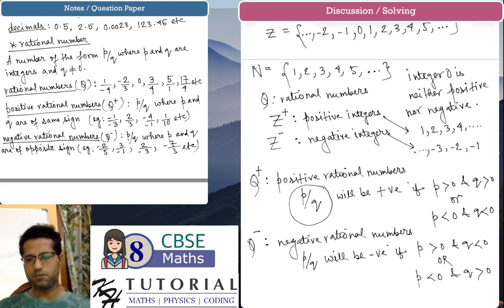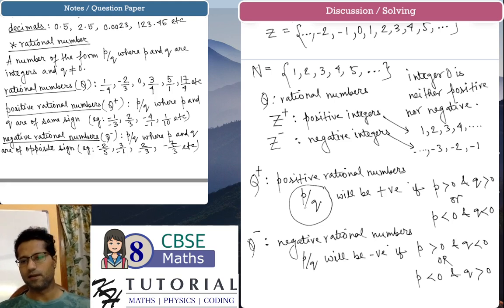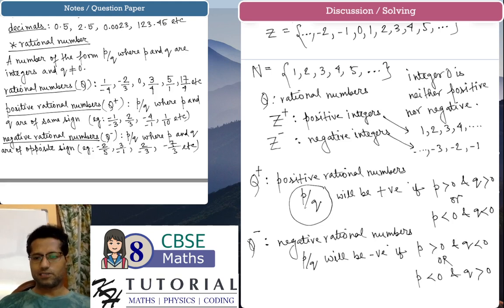P greater than 0 means P is a positive integer. Q less than 0 means Q is a negative integer. So P and Q have opposite signs. And when I say P less than 0, it means P is a negative integer and Q greater than 0 means Q is a positive integer. So here also P and Q have opposite signs. So a rational number will be negative if the numerator and the denominator have opposite signs.